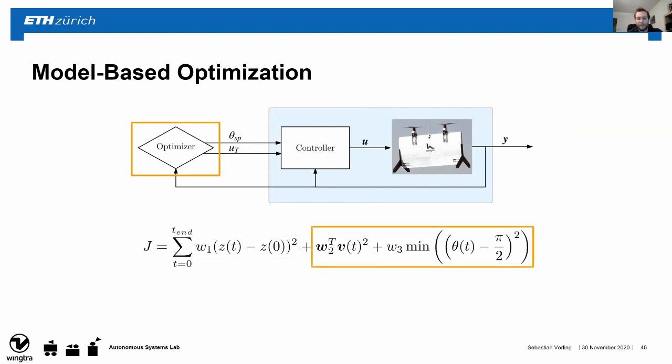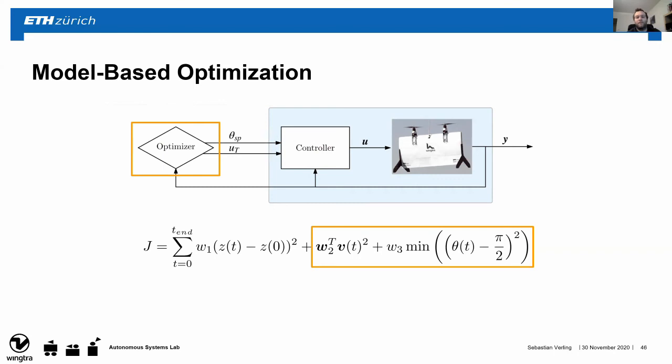The second two parts are to guide the system in the right direction of actually doing a transition. The first term of these two is minimizing the total velocity to 0, and the last one is minimizing the difference between the current pitch angle and the desired final pitch angle after the transition.